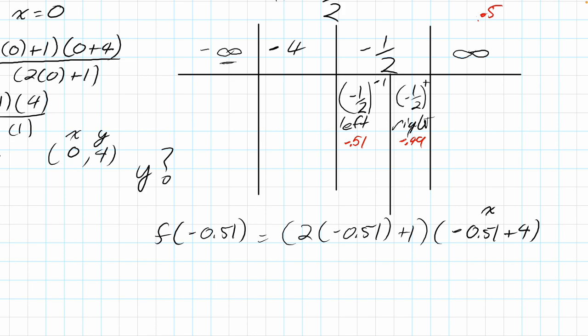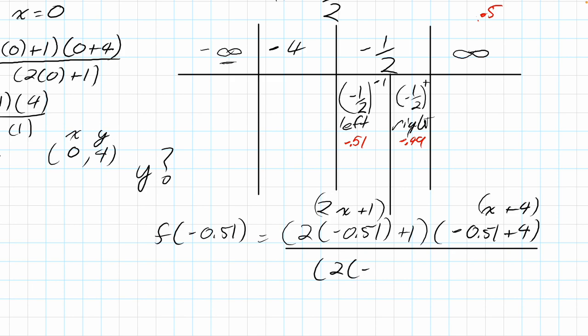Remember, this was x plus 4 before, and this was 2x plus 1. That was our factored form. And then below, we had the same thing: 2 times negative 0.51 plus 1.